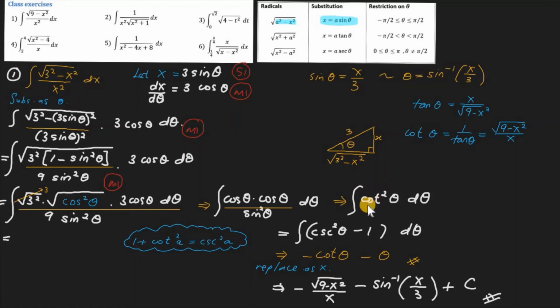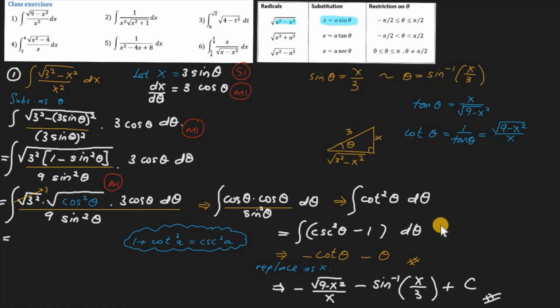But to integrate the cotangent square, we cannot integrate straight away because it is not given in our formula list. So we need to use the Pythagorean identity. Look into your formula list. Why so? Because after this, you can only integrate cosecant square.